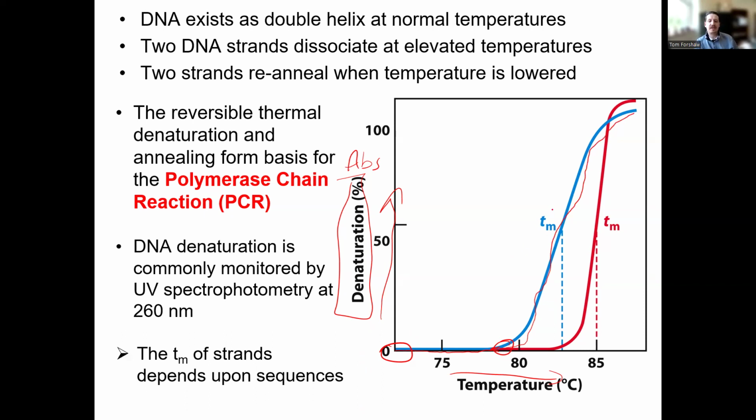If you have a whole strand of DNA, the temperature required for it to melt half of the strand is called the TM.